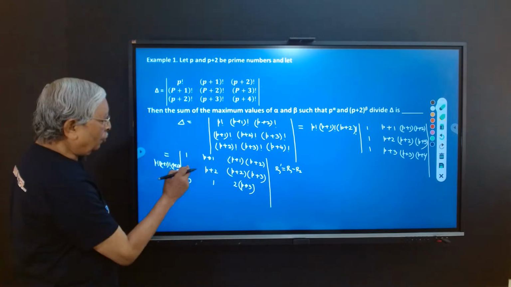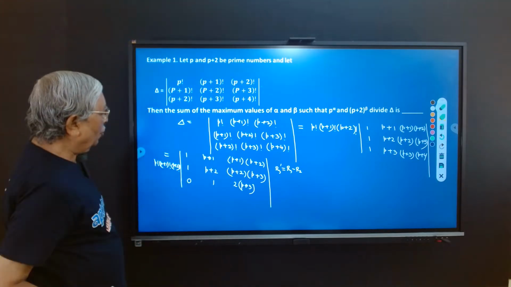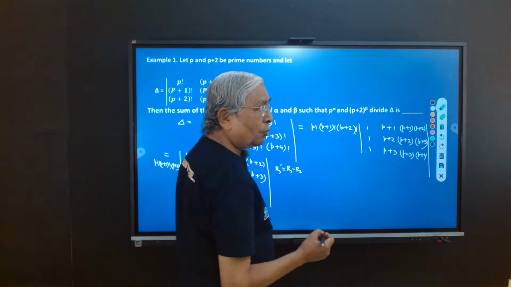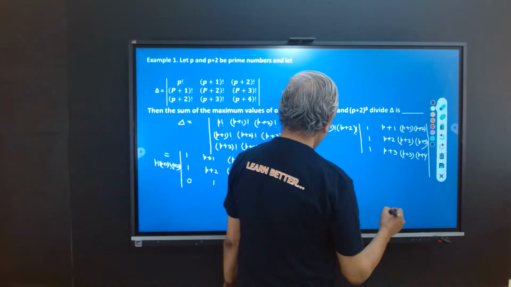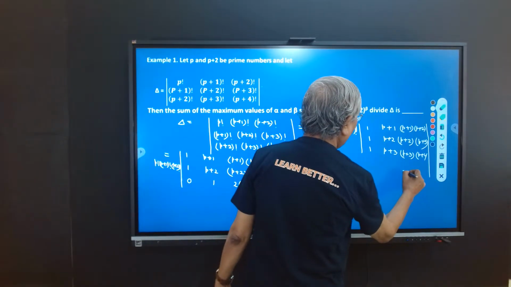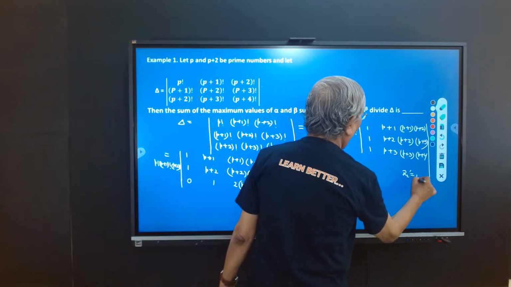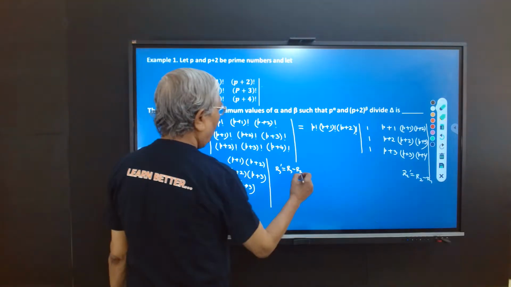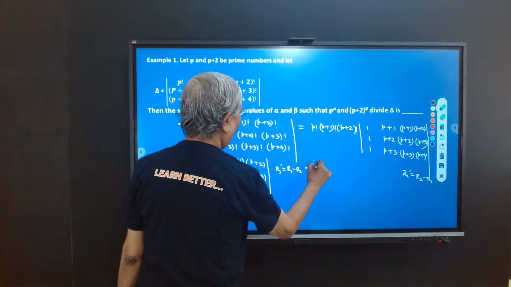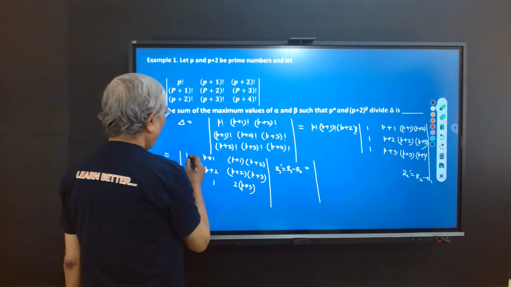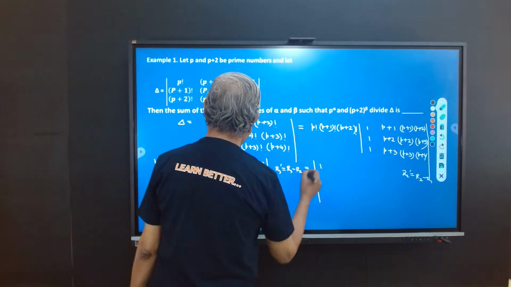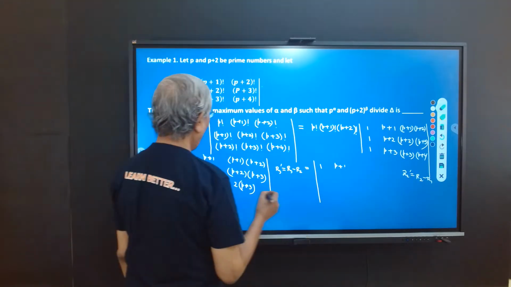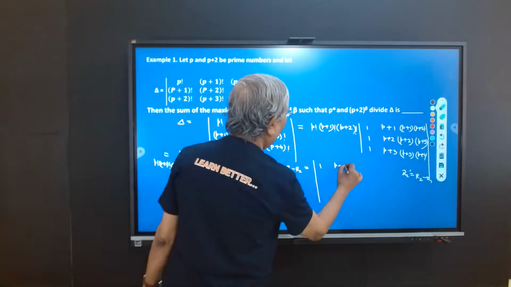Next, to make this element 0, R2 dash is equal to R2 minus R1. So apply this operation. The first row will remain the same: 1, p plus 1, p plus 1 into p plus 2.